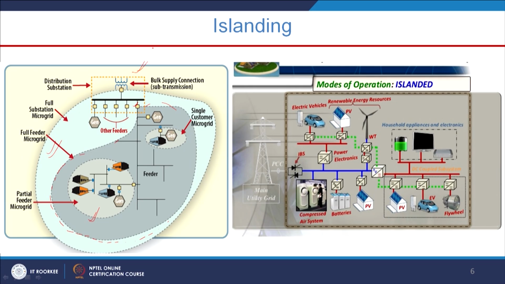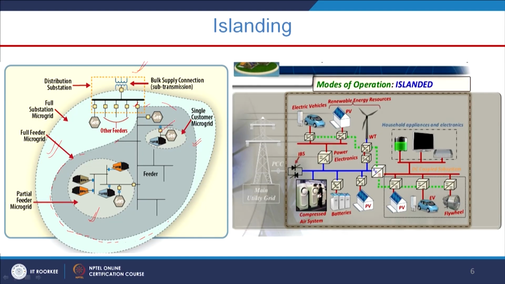And we also have the single customer microgrid. Single customer microgrid means we have a single customer, and near the customer end we have DERs, distributed energy resources, which are supplying power to the customer. Now if this particular breaker is open, this single customer microgrid system is going to be isolated from the main grid.